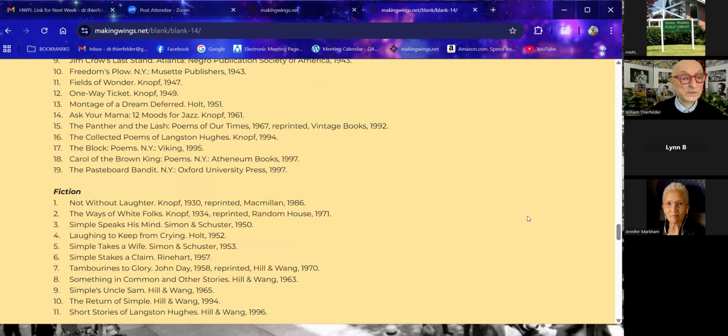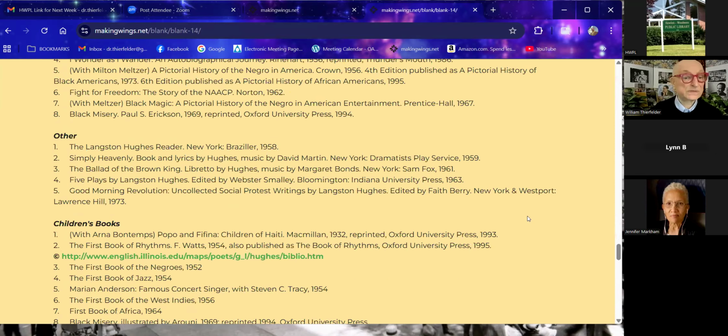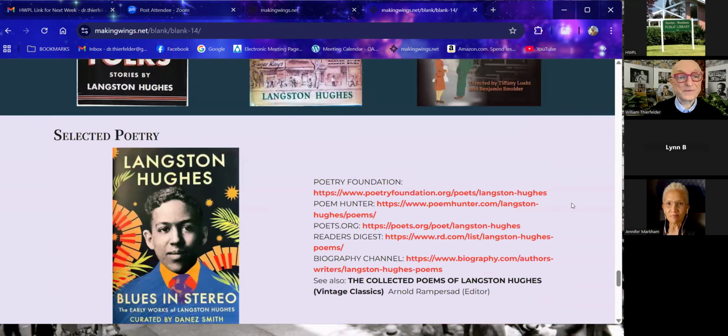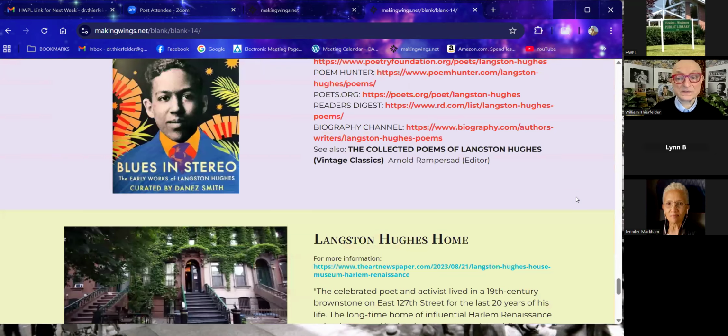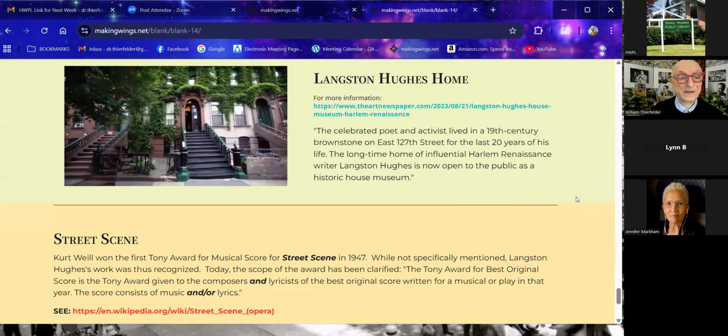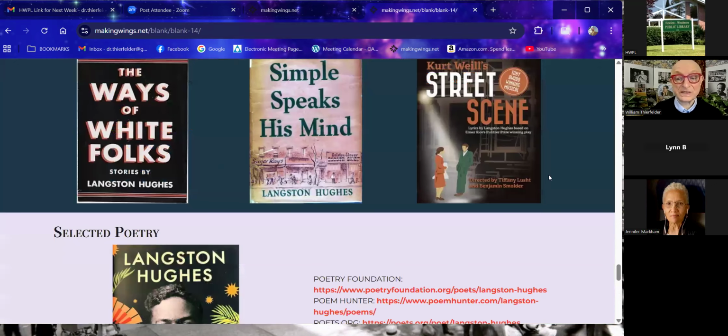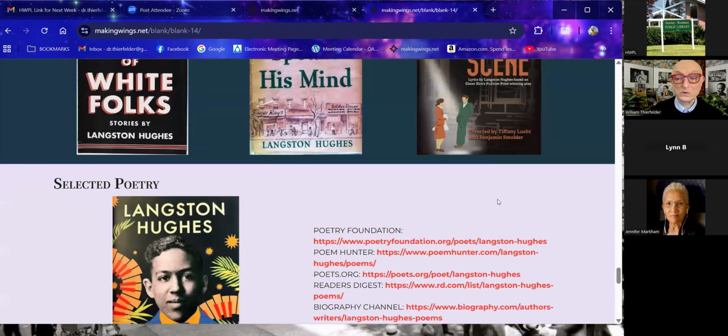He wrote poetry, he wrote fiction, prose, lots of wonderful children's books. And then I have a section about his selected poetry and about his home, about the Broadway musical he wrote called Street Scene. So all cool stuff.